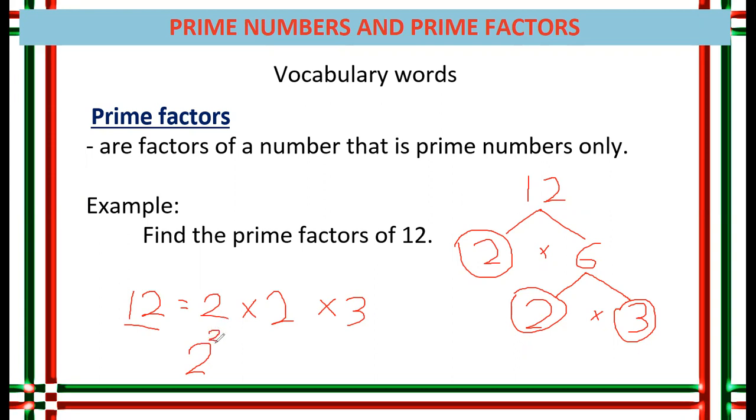This means to say the power above a number is multiplying the number by itself 2 times. Okay, and then one more to complete, times 3. So 2 to the power of 2, or we can say 2 squared, times 3 gives us 12. Okay, let's move on.